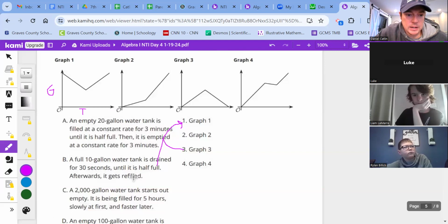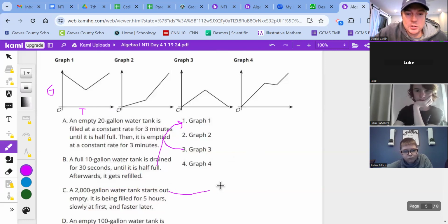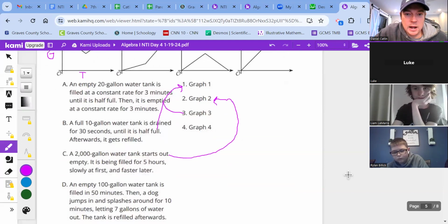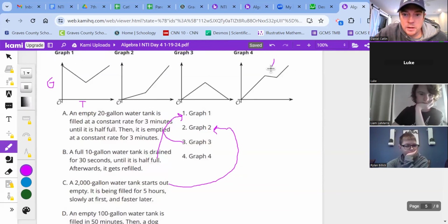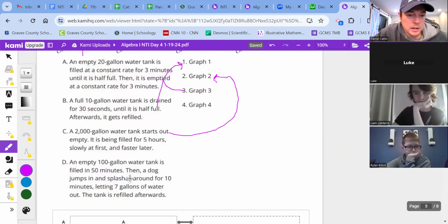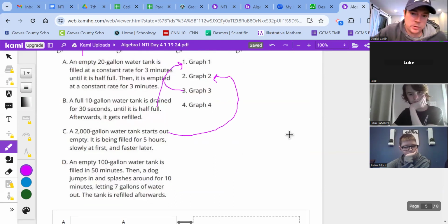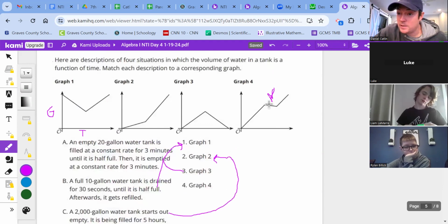It just says that it's being filled and then gets filled faster. So C should match number 2, and then by process of elimination, I think this one was like a dog jumping into the tank, which I thought was an odd description, but yeah, a dog jumps in and splashes around for 10 minutes and apparently knocks out some of the water, which is why we see the decrease.